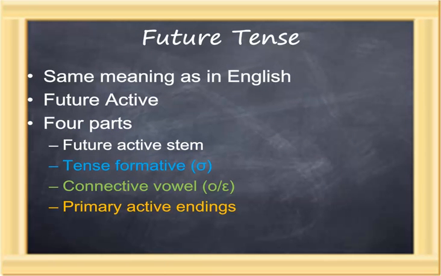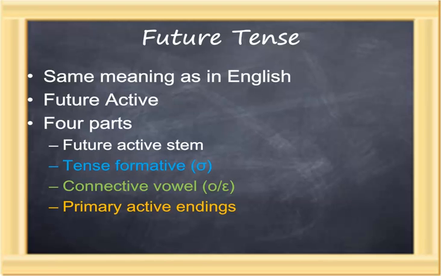The future tense in Greek has the same meaning as it does in English. In the future active, that tense is formed by putting 4 pieces together: the future active stem, a tense formative, sigma, a connecting vowel, omicron or epsilon, and then the primary active endings.